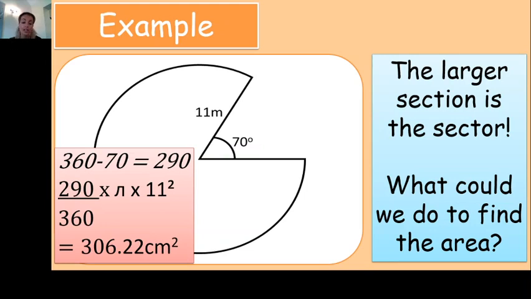So the larger sector is actually 290 degrees. So then you do the exact same that we did previously. So you do the angle you've got divided by 360. So 290 divided by 360 times pi times the radius, which is 11 squared. And that gives you the larger sector an area of 306.22 centimetres squared.